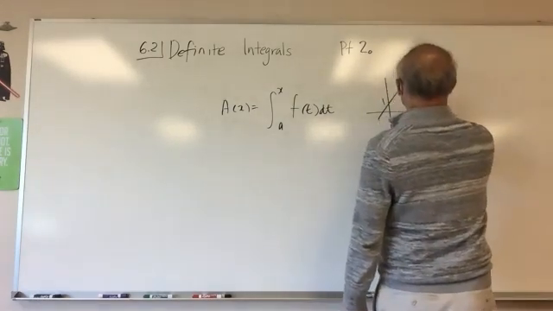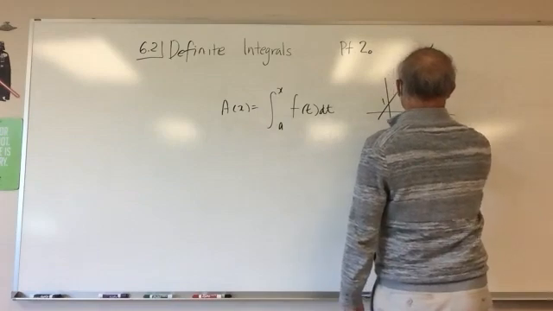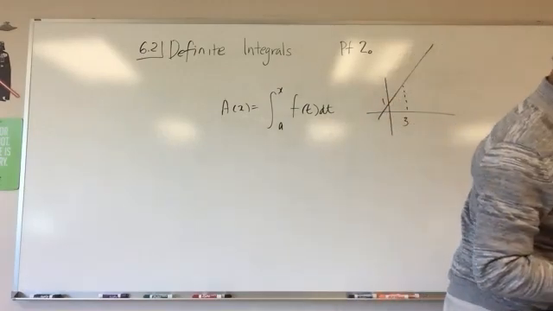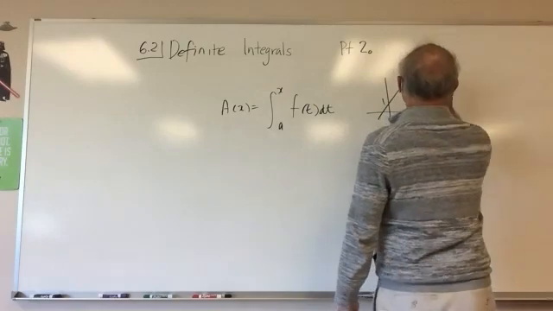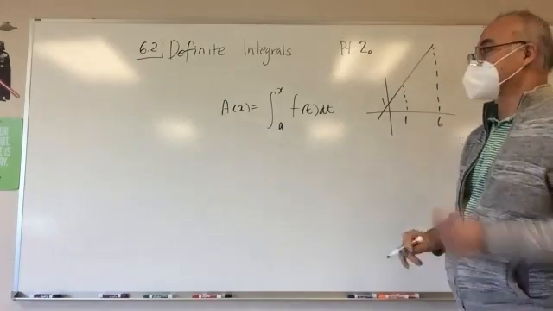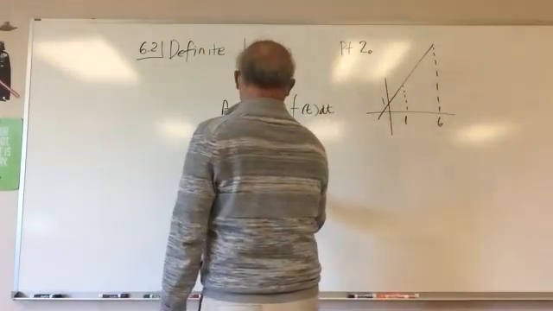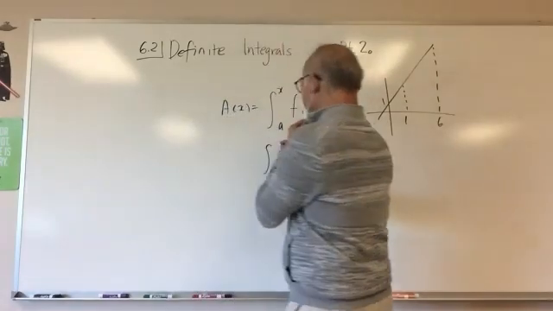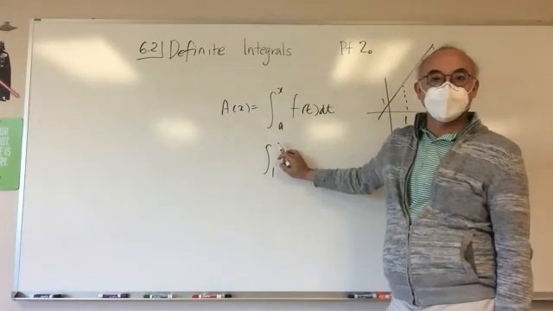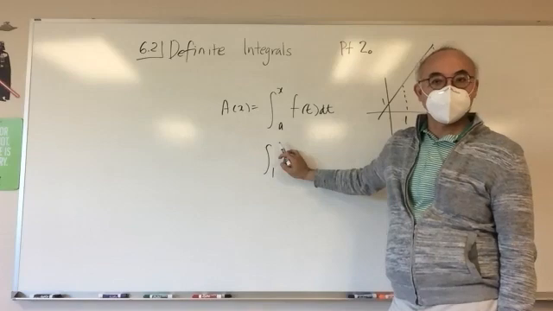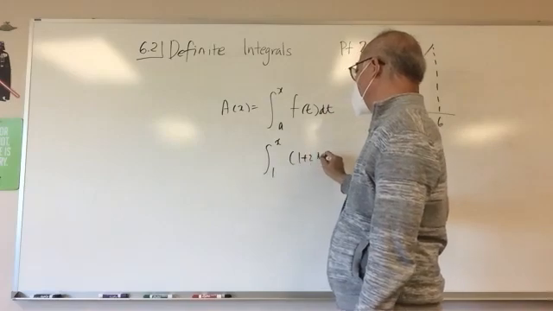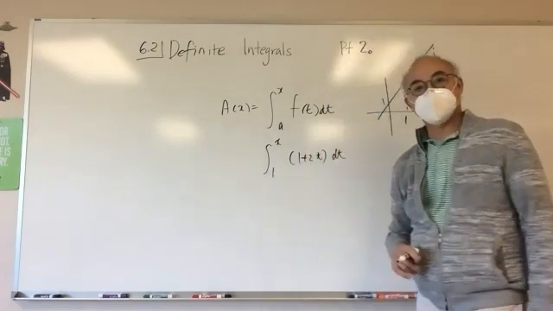We're going to start from 1 to 6, right? So the accumulated function is going to go from 1 to, you notice it's not 6. 6 is nothing more than the upper bound, as high as x can go. So we're going to do x. Then we're going to go 1 plus 2t dt.